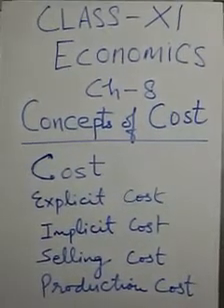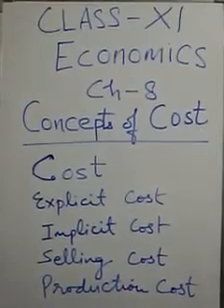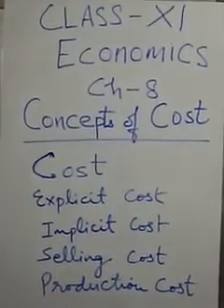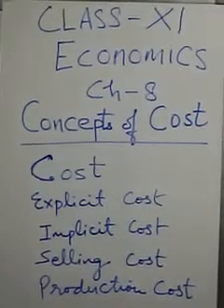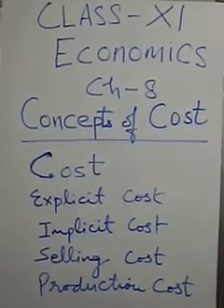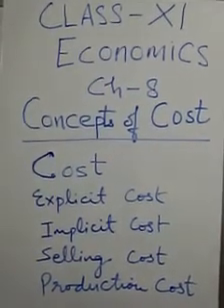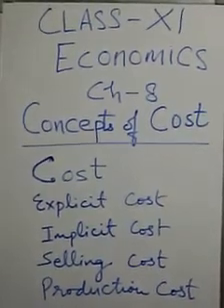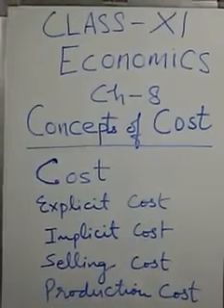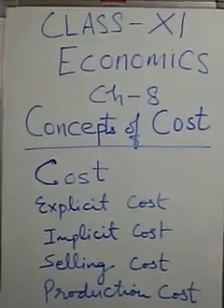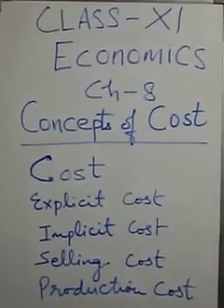In this chapter, we will also be focusing on production cost. This means we combine all the factors of production which support the manufacturing of that particular good.